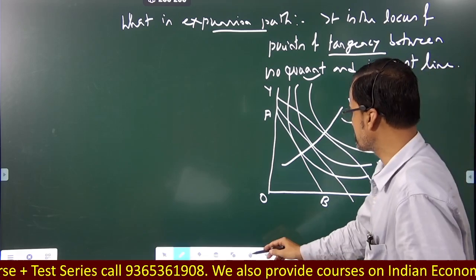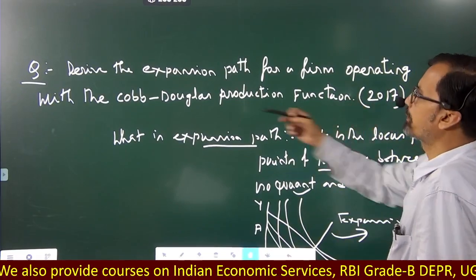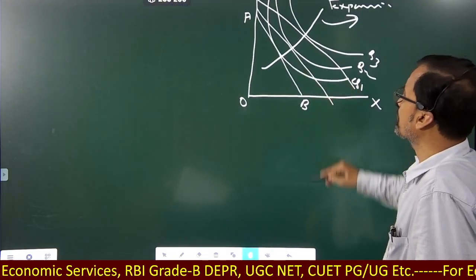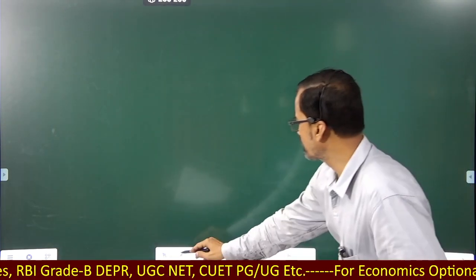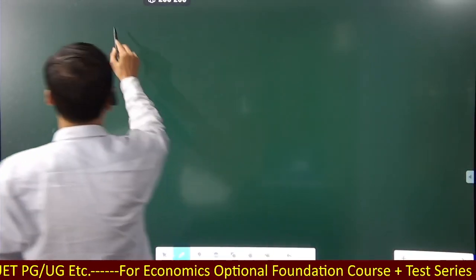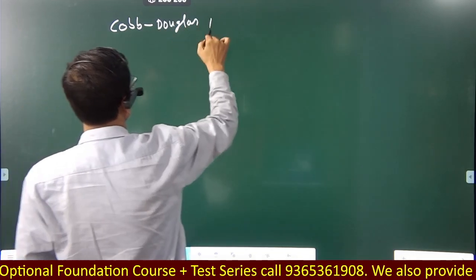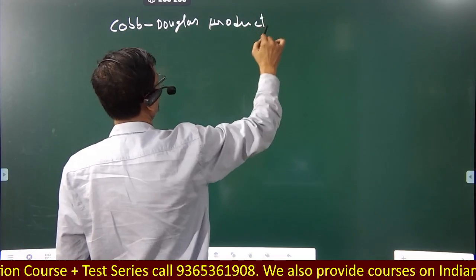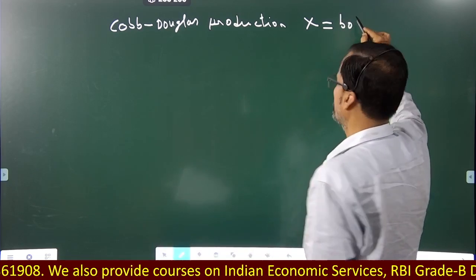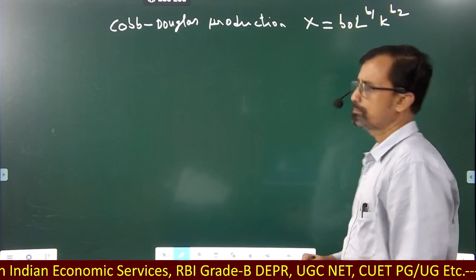So one question is asked here. What is our question? Derive the expansion path for a firm operating with a Cobb-Douglas production function. So what is the Cobb-Douglas production function? Say x is equal to b naught L to the power B1 K to the power B2.